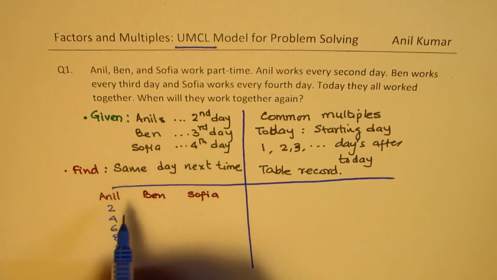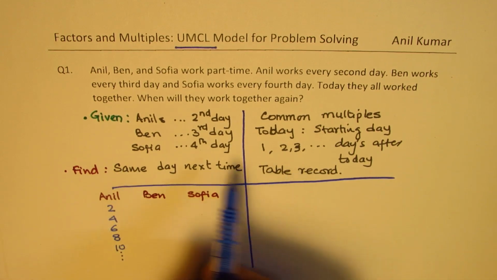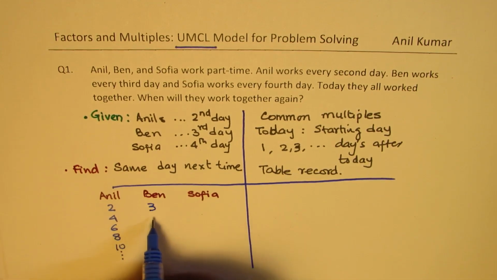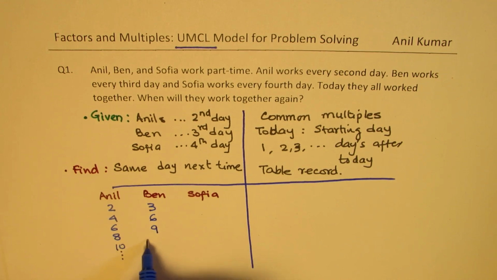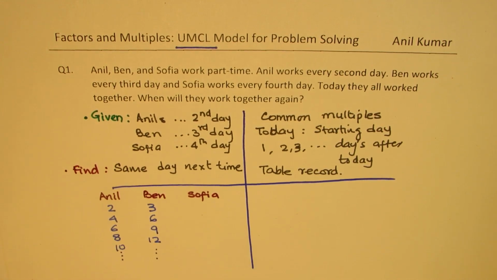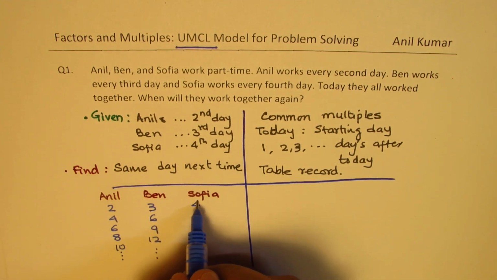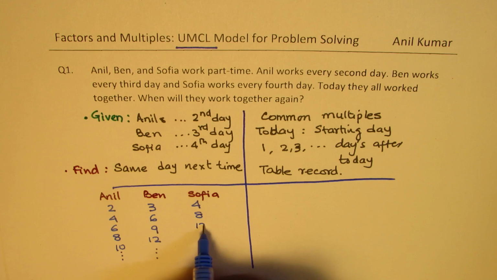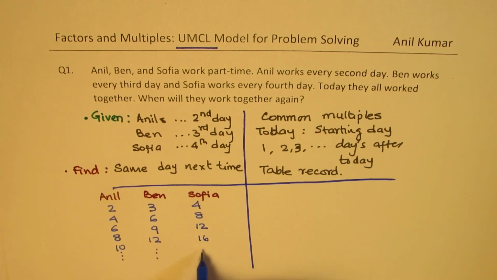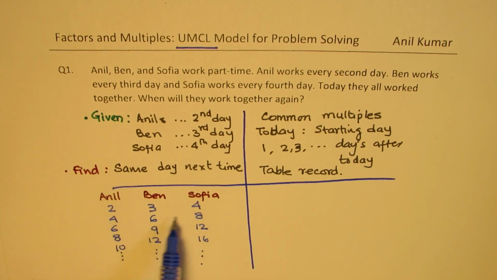Ben works every third day, so 3, 6, 9, 12, and so on. Sophia works every fourth day, so 4, 8, 12, 16, and so on. Now we need to figure out what is common between all 3. That is the whole idea.